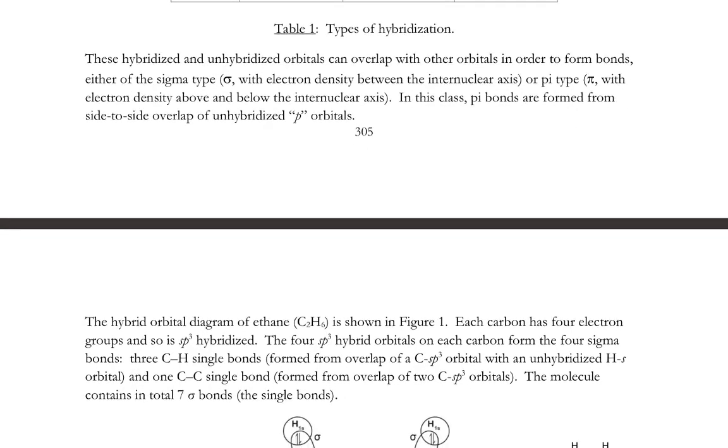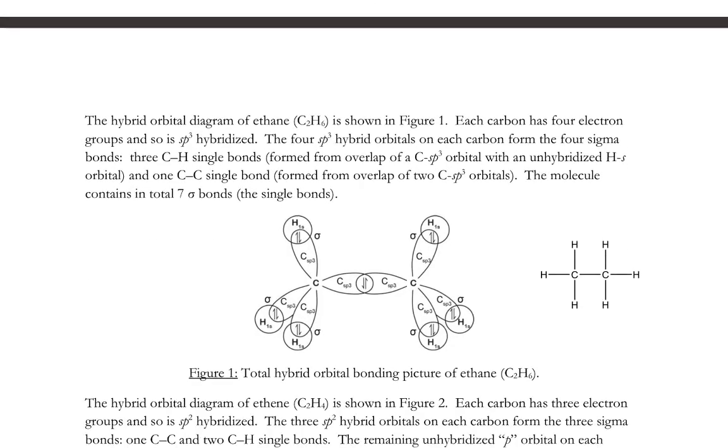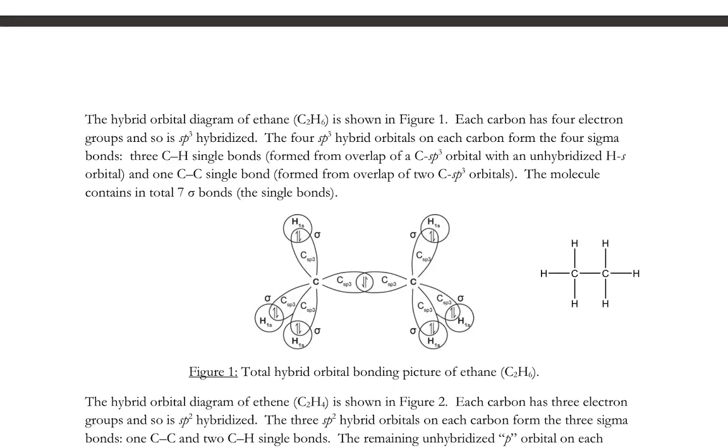When the hybrid orbitals overlap with something like a hydrogen 1s atomic orbital or with another hybrid orbital, and we have electrons in that region of overlap, we call that a sigma bond. That's formed from a picture of a head-on overlap of orbitals.